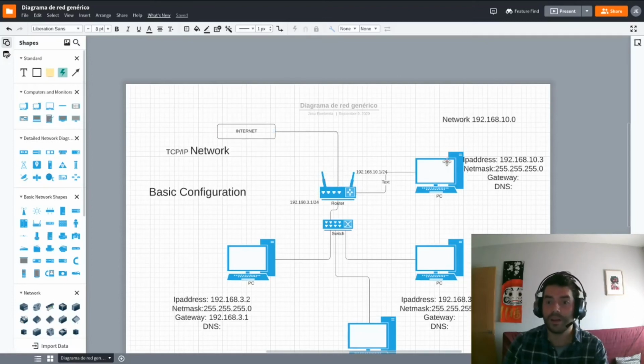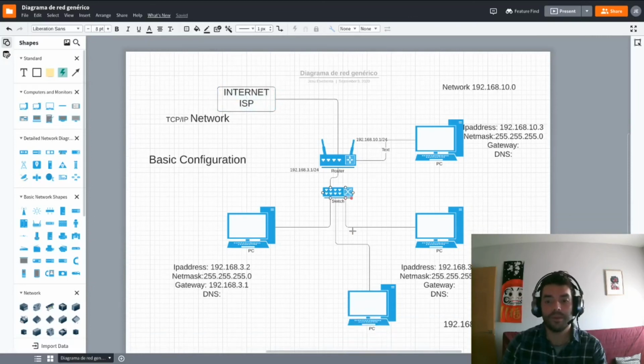Because these three are local networks, okay? So this needs to go to an ISP, an internet service provider, or something like that, okay? But that is what a router does, okay?